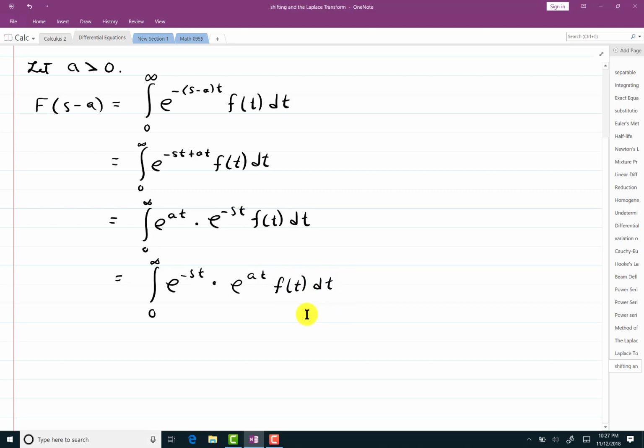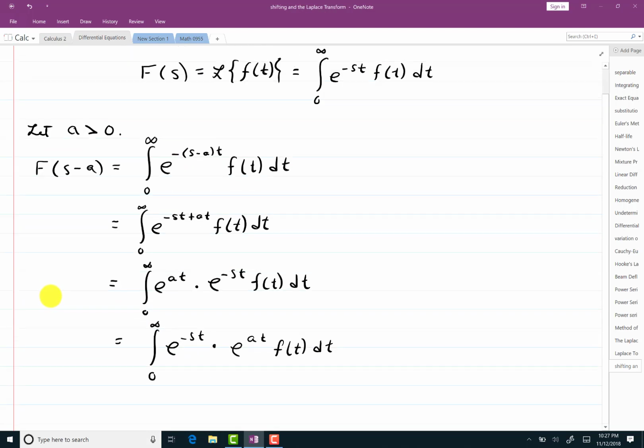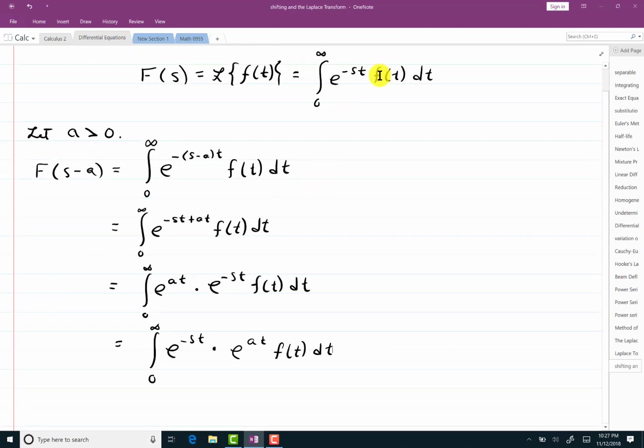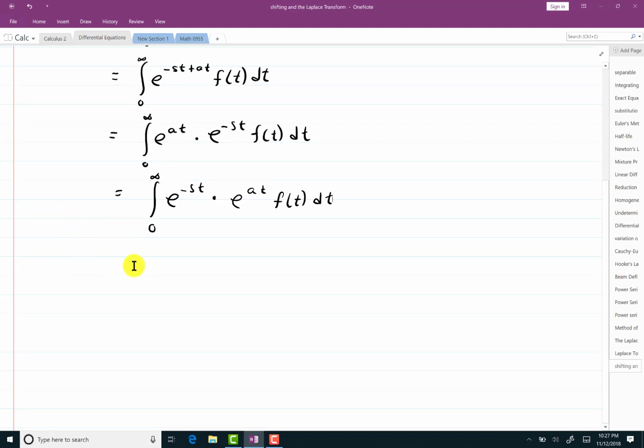And you'll notice here that e to the negative st is always what you have in front of f of t. Whatever is after e to the negative st goes in the curly brackets for the Laplace transform. Here then, if that's the case, then e to the at f of t goes in the curly brackets. And so this is the Laplace transform of e to the at f of t.